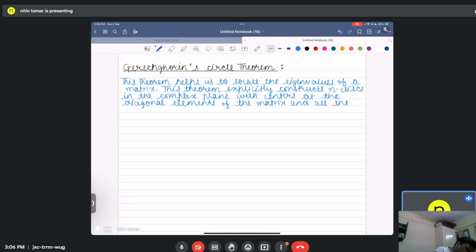And all the eigenvalues of the matrix lie in the union of these disks.